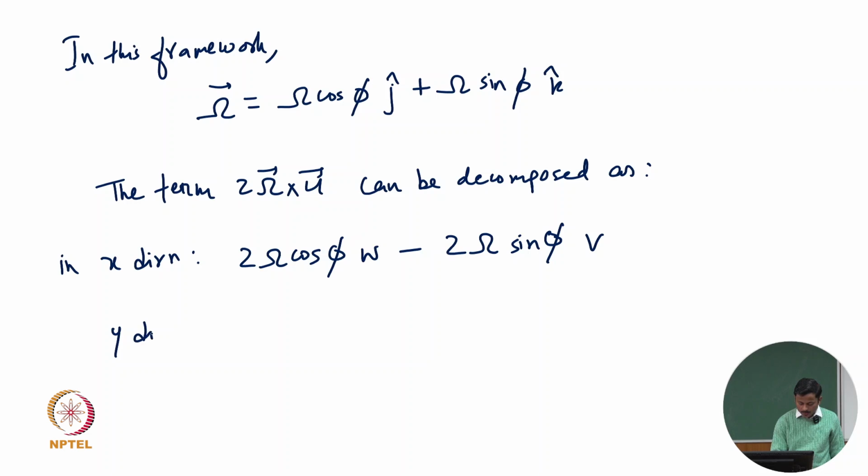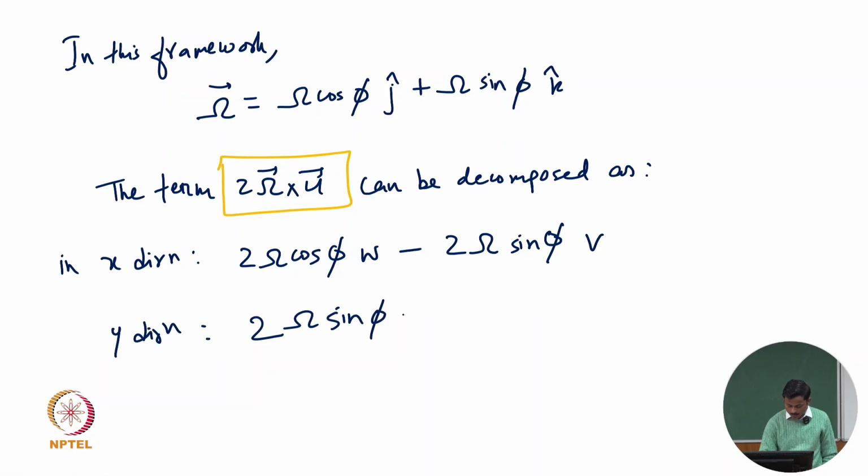In the y direction, we are writing now the components of 2 omega cross u, this is 2 omega sin phi u. In the z direction, minus 2 omega cos phi u.